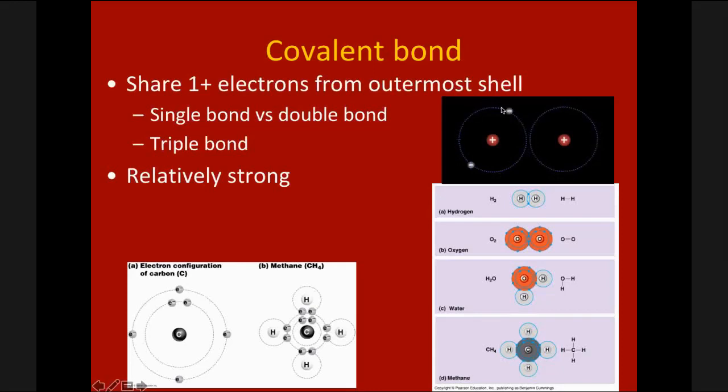I always joke that ionic bonds are like casual dating. Come together, break, come together, break, right? Whereas single covalent bonds, now you have a joint checking account. You're a little bit more attached to each other, harder to break apart. You're going to lose something if you break apart. You can share 2 electrons, right?